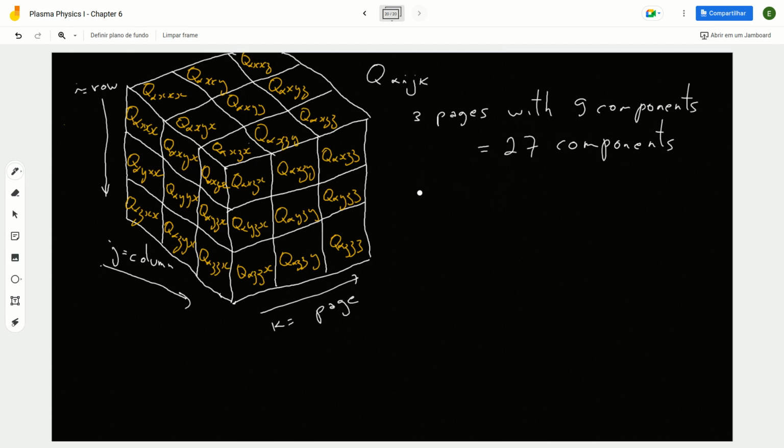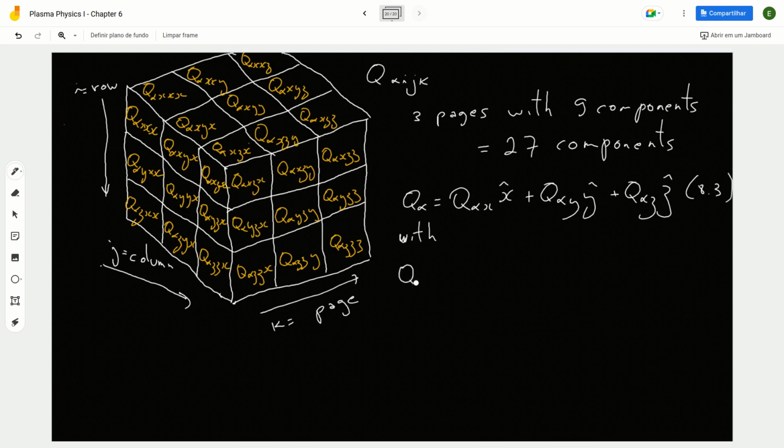You may write Q like this: Q alpha x in the direction x plus Q alpha y in the direction y plus Q alpha z in the direction z, with Q alpha n equal to each one of these pages.